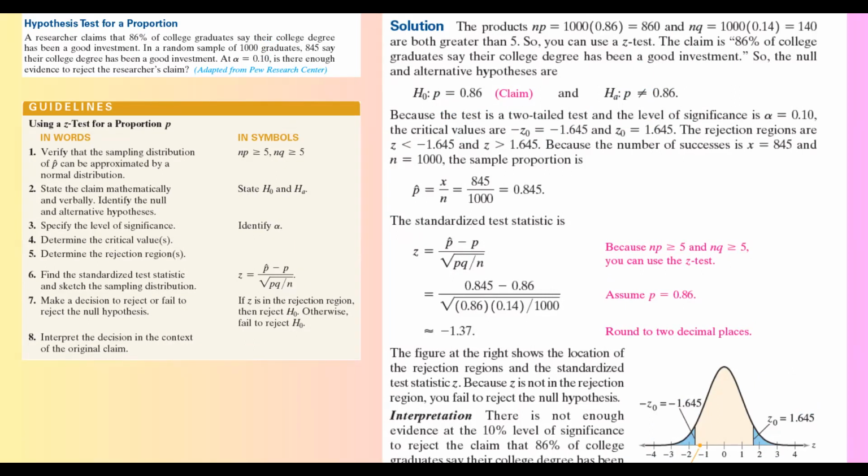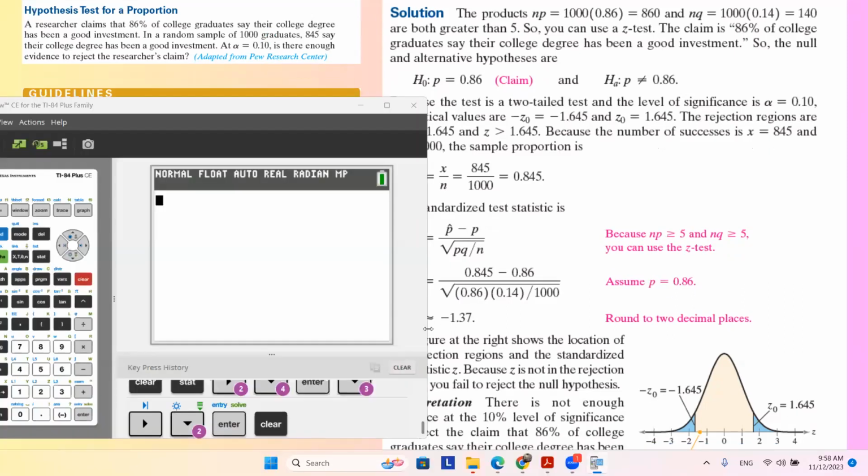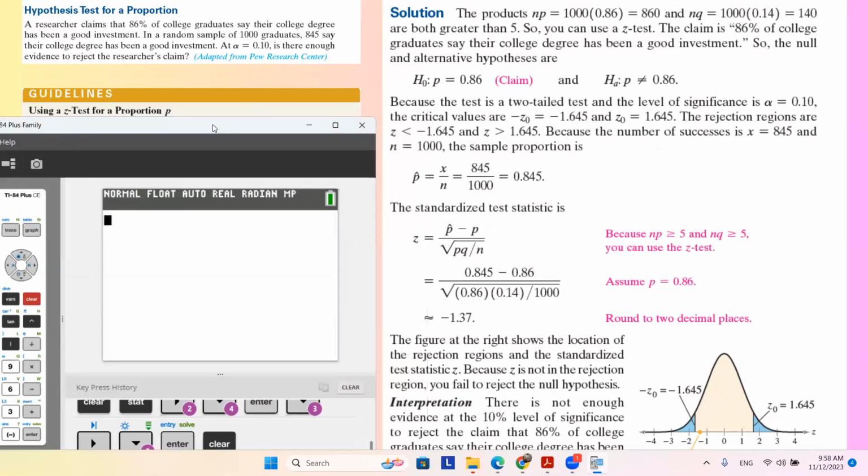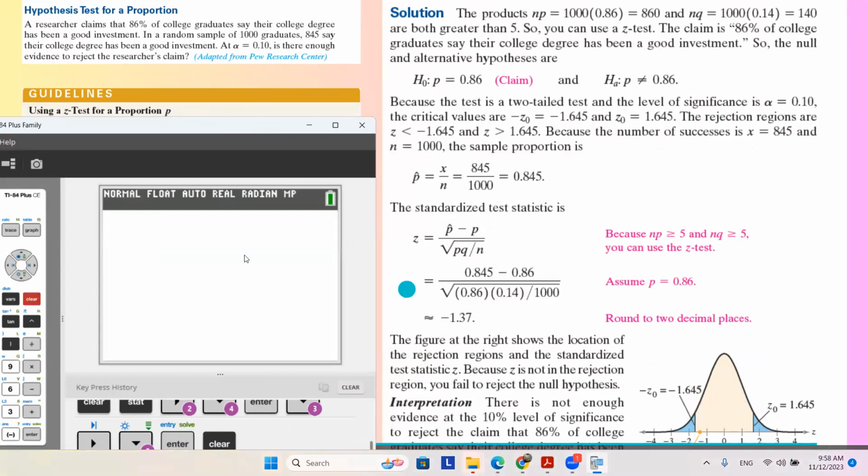Let me share the screen with you so you see what's going on here. To find the rejection region, critical value, you need to use this 10%. Again, since you have a two-tail test, half of the area is on the left, the other half is on the right.